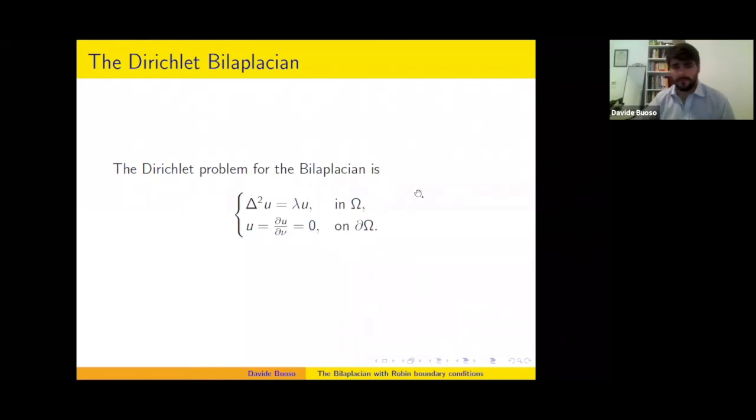One thing that I forgot to mention is that in our analysis, omega will be a domain in R^d, where d is the dimension, and always with at least Lipschitz boundary.